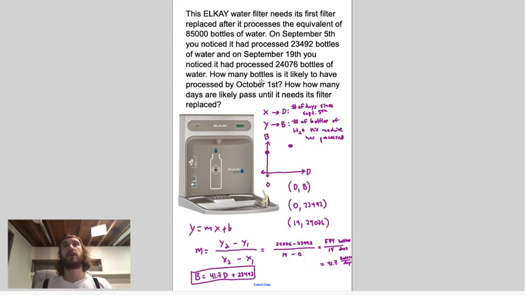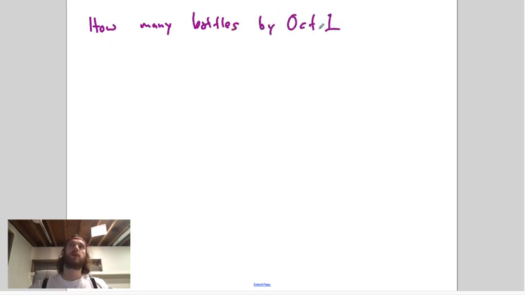So if we're including October 1st, I think that's 27 days. So the question here is, how many bottles by October 1st? And really what that's going to be is capital D equals 27.